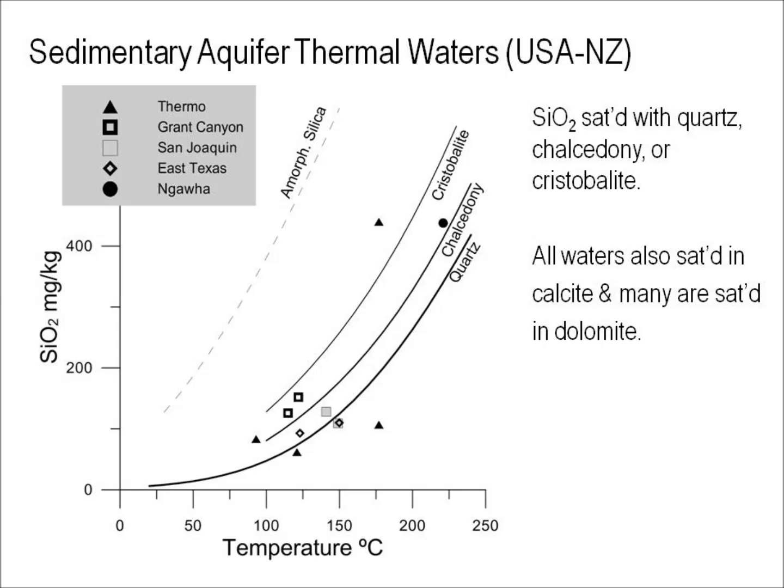Here's the cristobalite solubility curve. And you can see that there's a clustering. I won't say it's strong, but there's a good enough clustering, even when we go to hot temperatures, that shows that these minerals are likely to be the strongest controls on silica concentration. And these are probably the most promising basic geothermometers. At the very least, silica will give you a minimum temperature.